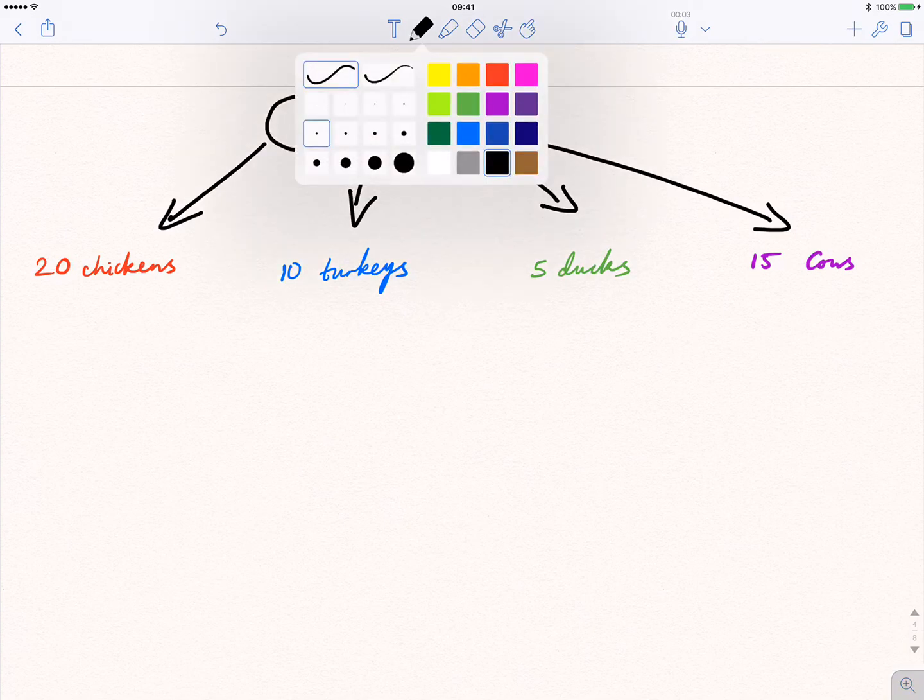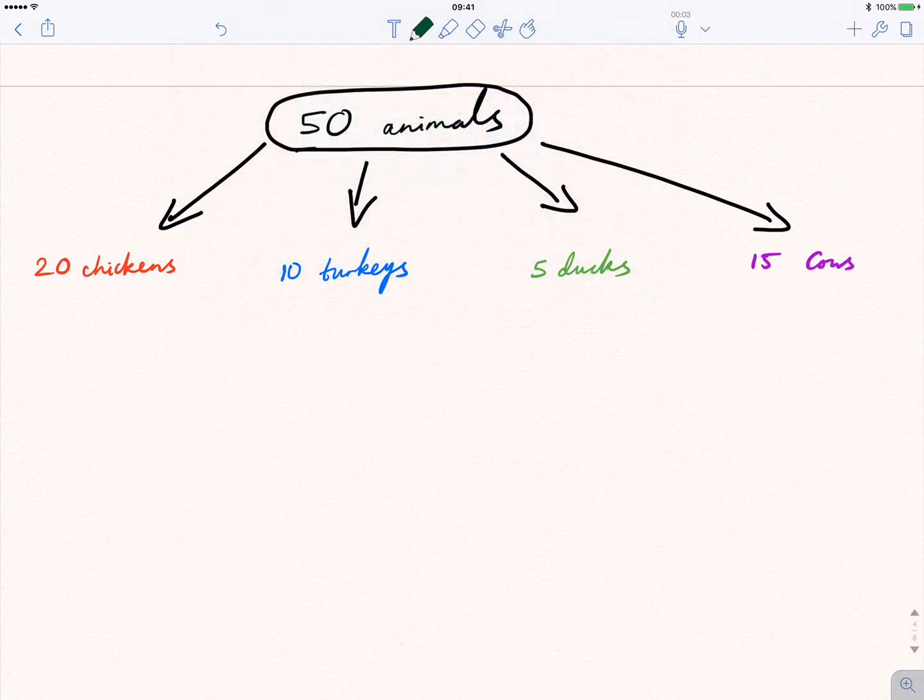What you should always remember, the total is always your 100%. And the total will always be the denominator. I want you to remember this.